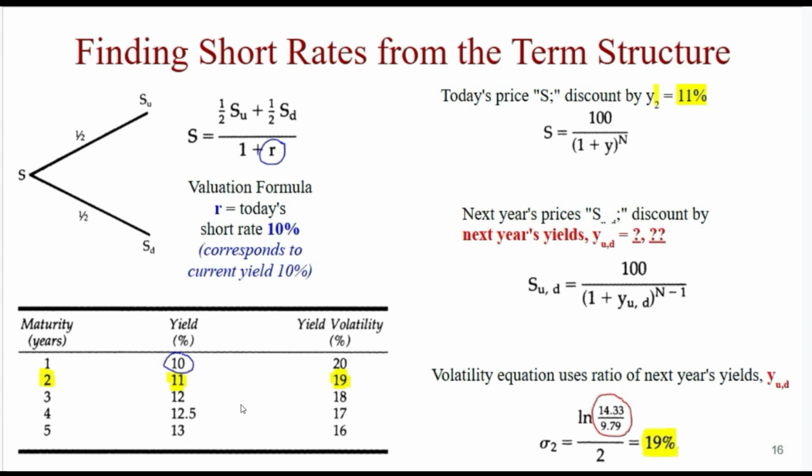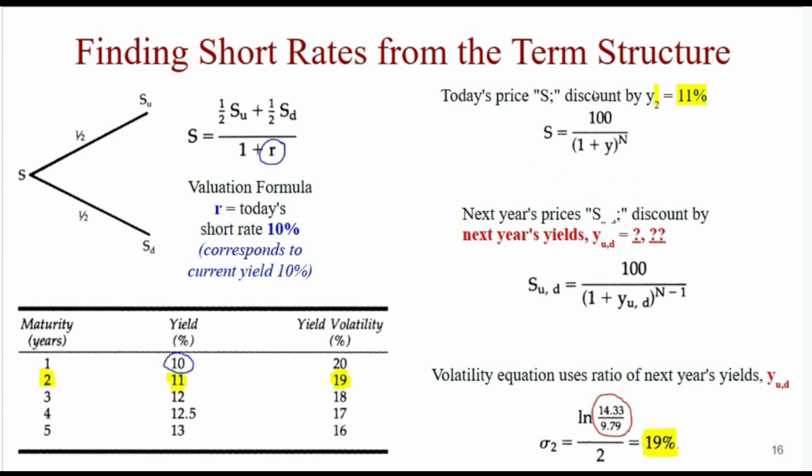So under today's market term structure, we see that a 2-year zero coupon Treasury bond has a yield of 11% and a volatility of 19%. So we have to solve for the actual short rates that will match the market yield of 11% and the volatility of 19%. So we start by relating the prices to yields.